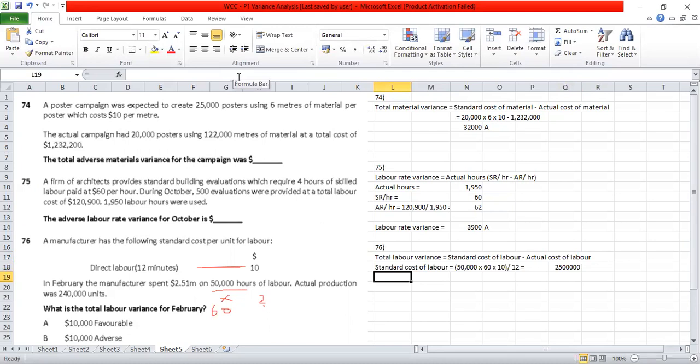We see that that is 2,500,000, but the actual cost is 2,510,000.